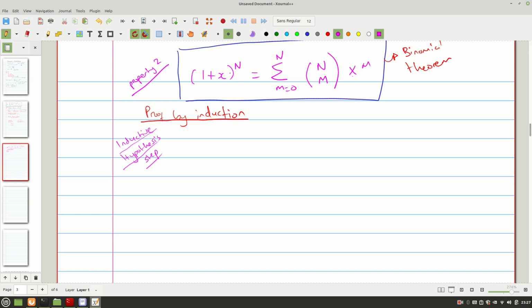And for this step, what we are trying to prove is that we will assume the following. We will assume that 1 plus x to the n is equal to the summation of, usually for this we use the value of k, but I'm just going to use n here. Should be easy to follow through.